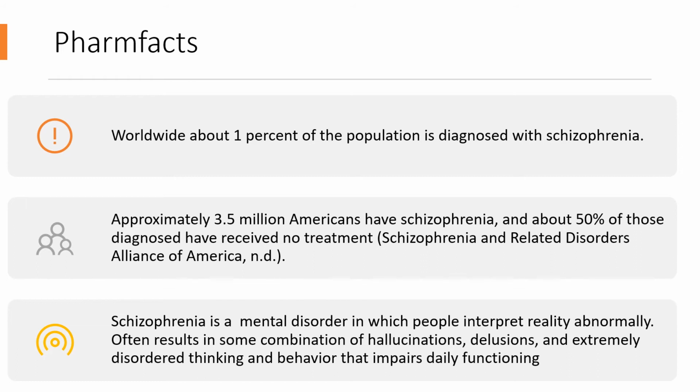If 1 in 100 people suffer from it, it's a high number. 3.5 million Americans, and many of which don't receive any specific treatment for their disorder. And again, what's the hallmark of schizophrenia? Hallucinations, delusions, and altered thought patterns.